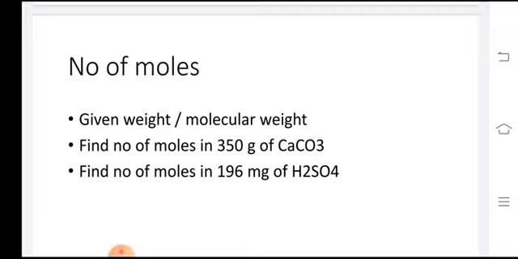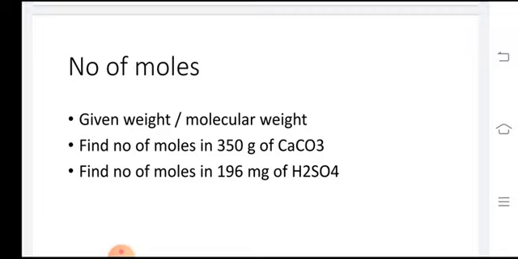So if we have 350 grams of calcium carbonate, how many moles will be present in this compound? How can we find it? 350 will be divided by the molecular weight of calcium carbonate, and that is 100.